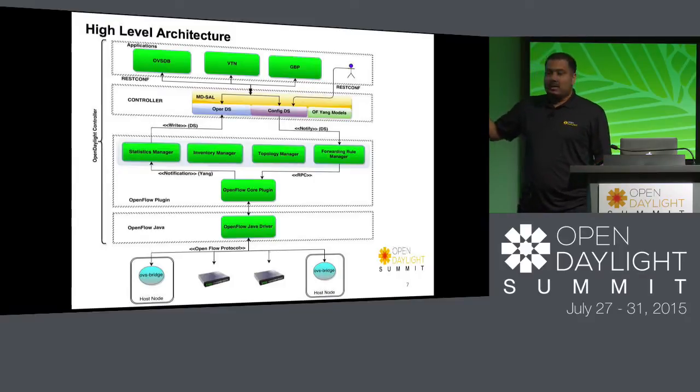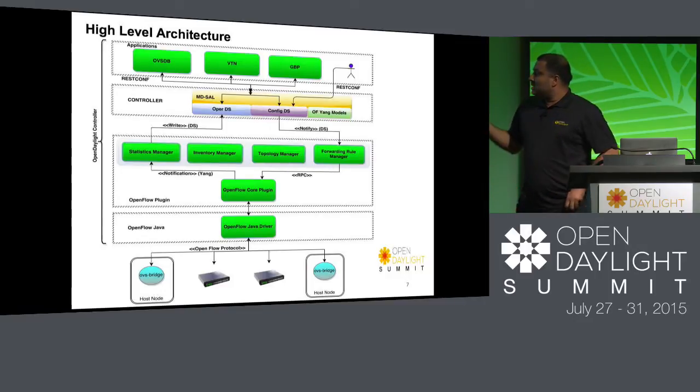That goes to the Java driver, which decodes the message and figures out this particular event is a port down, and then it notifies the core plugin that this port down happened. The OpenFlow core plugin takes it, creates a Yang notification, and passes it to the inventory manager. The inventory manager is listening to all those notifications. So it gets the notification, okay, port down, and does whatever cleanup it has to do. That's how notifications work.